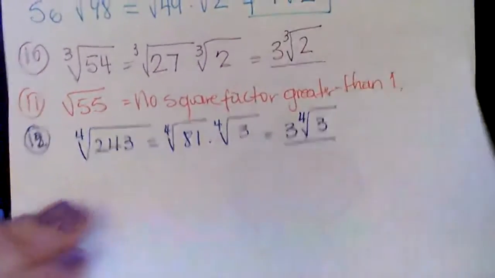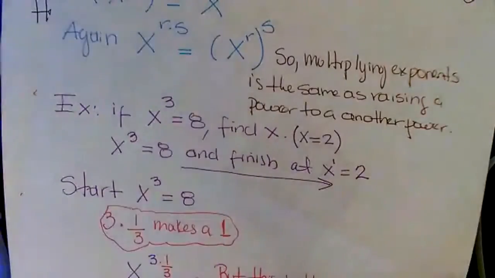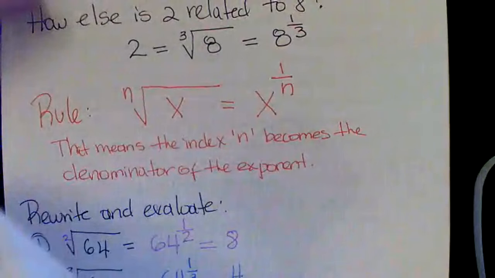So let's keep doing more exercises. Let's do this one. We have number 13, which says the square root of 36 n to the 7th power.